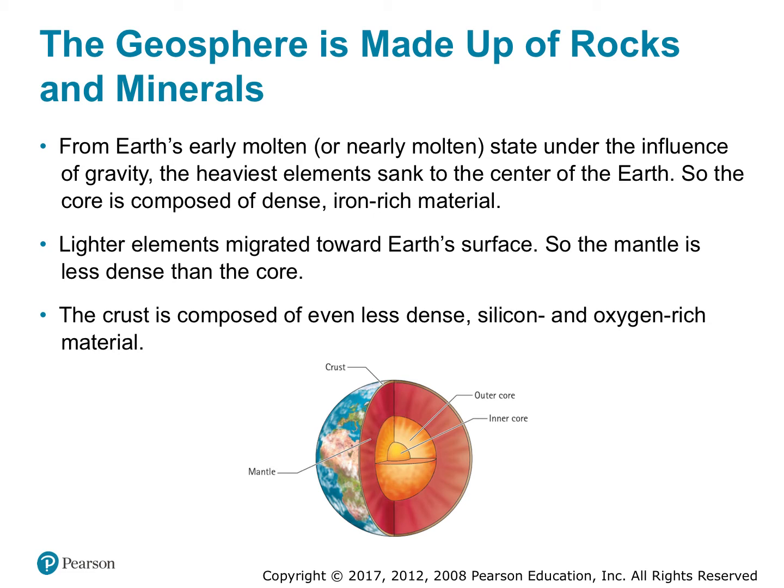Now, for the same reason, as they sank inward, the lighter elements got pushed upwards towards the Earth's surface. And so when you look at the sections of the Earth, you can see that the denser parts of the Earth are at the center and the less dense parts are towards the surface.